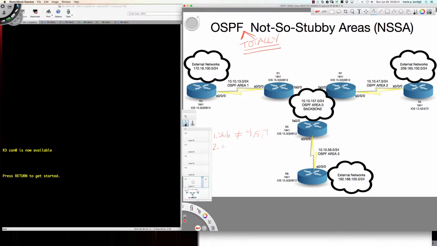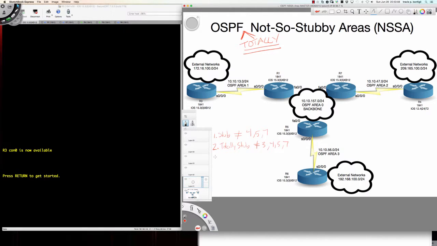Then we took a look at the totally stub, which said that you couldn't have type 3, type 4, or type 5 or type 7 LSAs. And in both cases here, we got automagically, the single exception, a type 3 default route that was automatically generated by the ABR and injected into the area for us.